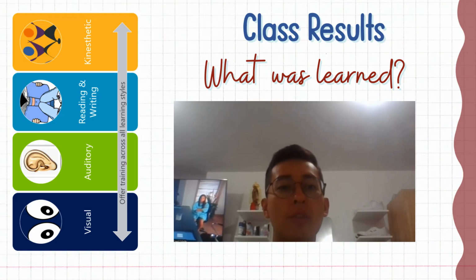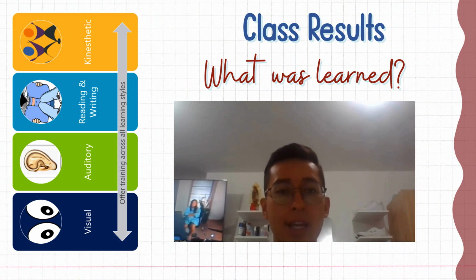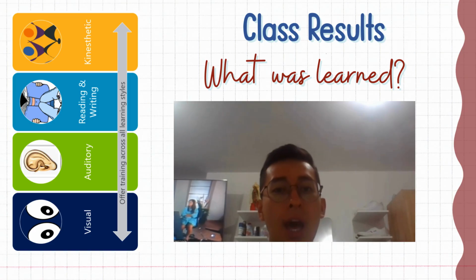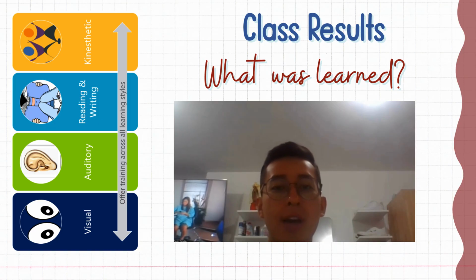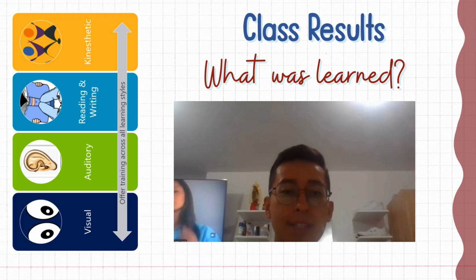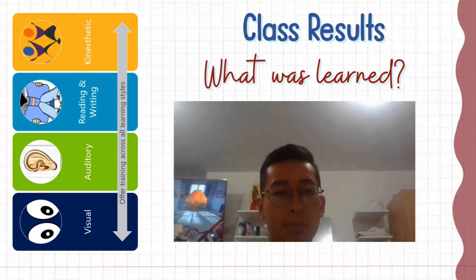As a result of this activity, we are able to recognize different learning styles, including visual, auditory, reading, writing, and interactive learning. We can also identify our own learning preference and understand which strategies help us learn more effectively.